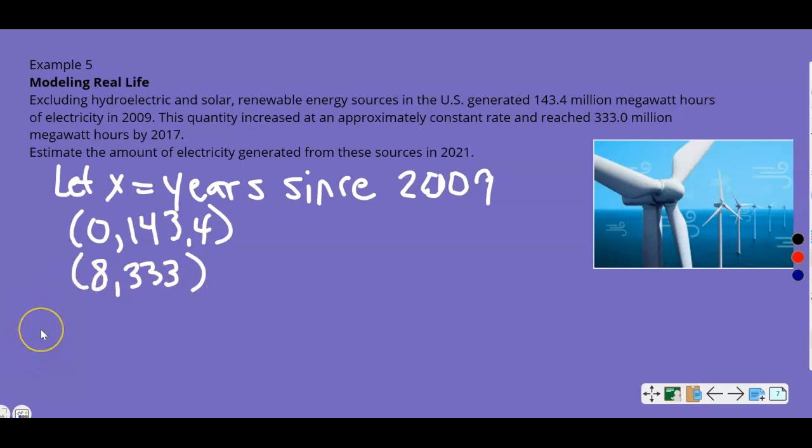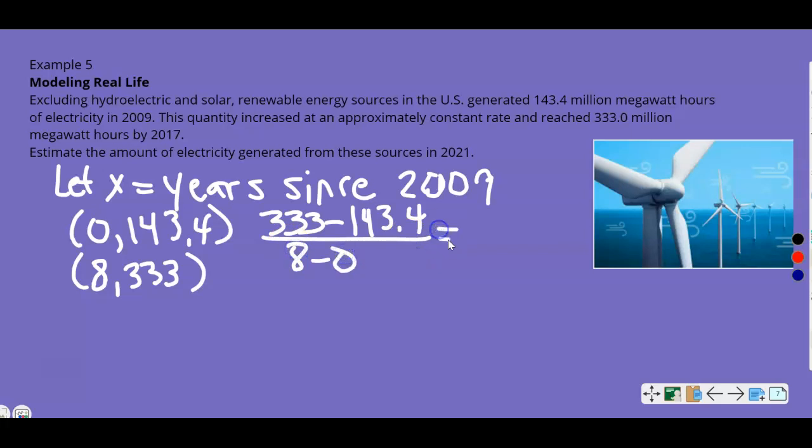First, we're going to find the slope like we have in the other questions. So 333, that's my y value, minus 143.4, over 8 minus 0. So if I do 333 minus 143.4, I'm going to get 189.6. 8 minus 0 is 8.